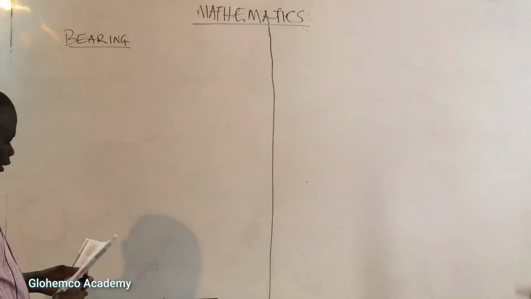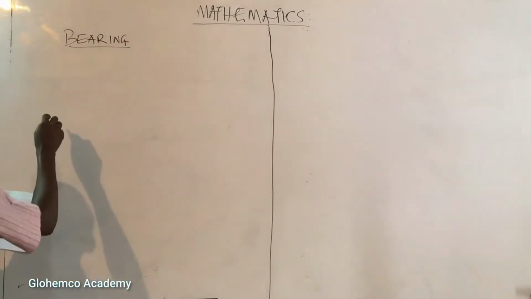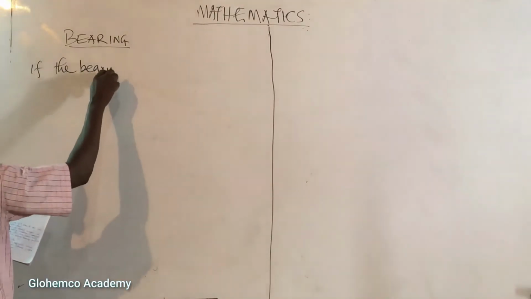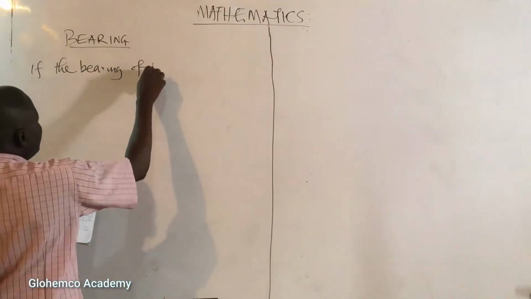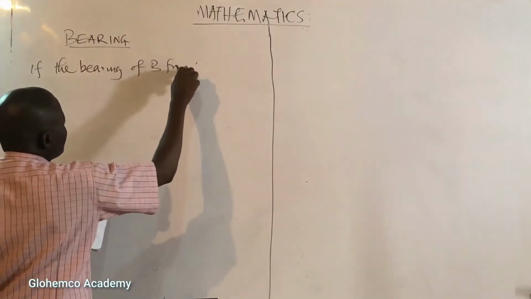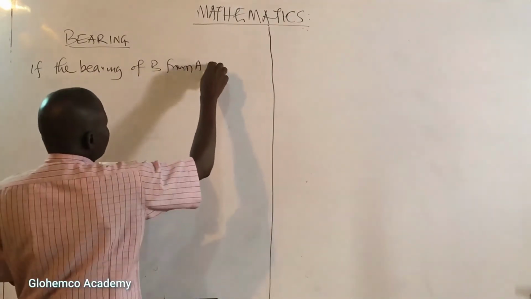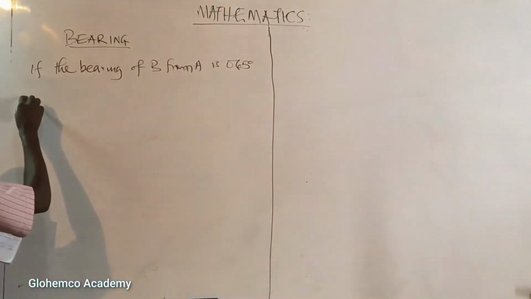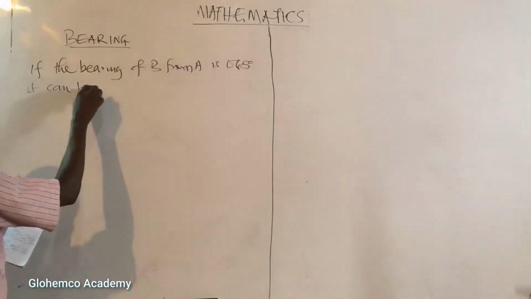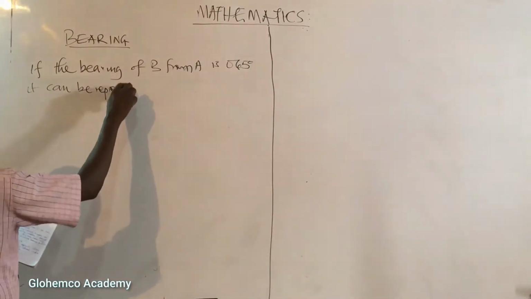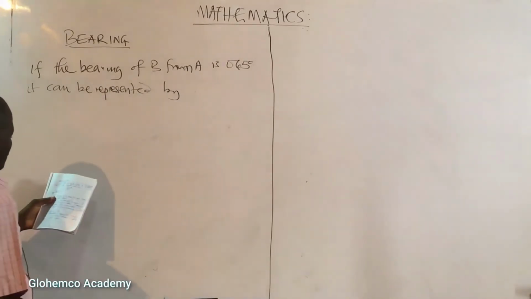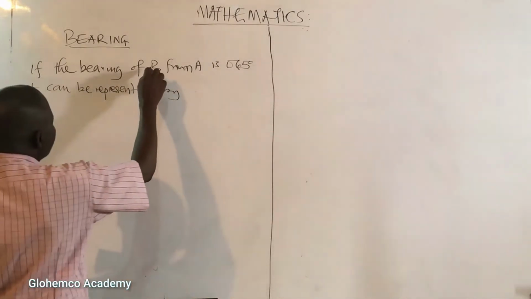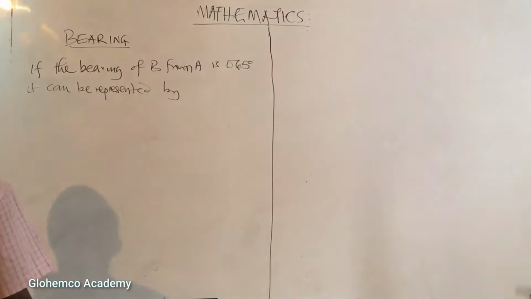On top of bearing, if you are given a problem to solve, say the bearing of B from A is 65 degrees, it can be represented by, when you want to draw now, you want to take the bearing of B from A is 65 degrees.